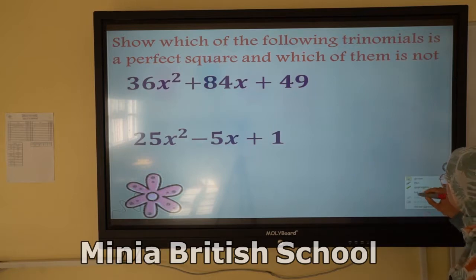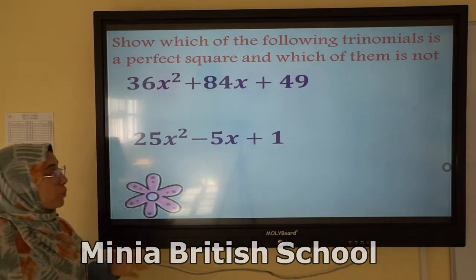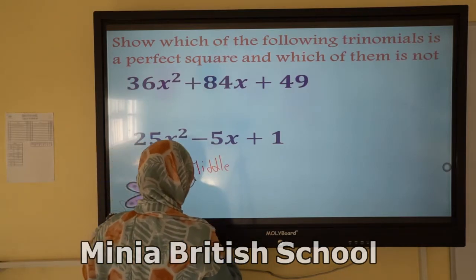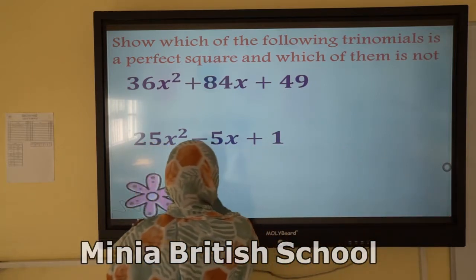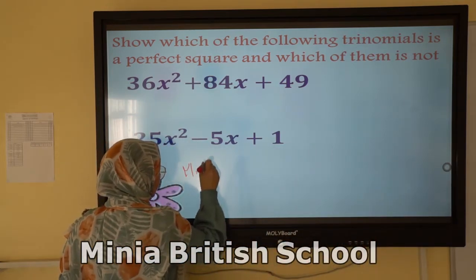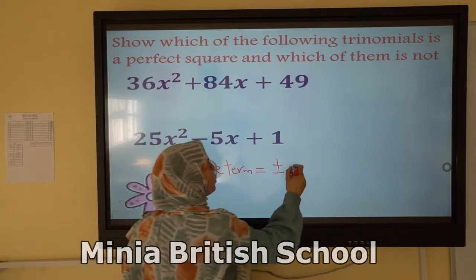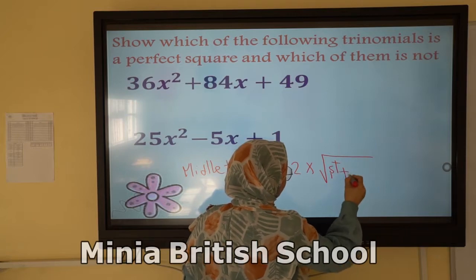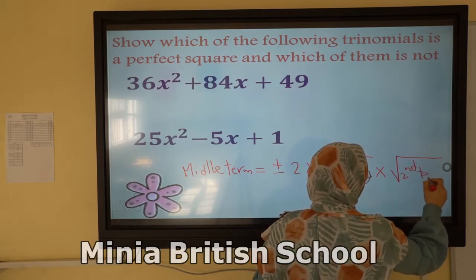To check the middle term in a perfect square, it equals positive or negative 2 times the square root of the first term times the square root of the third term.